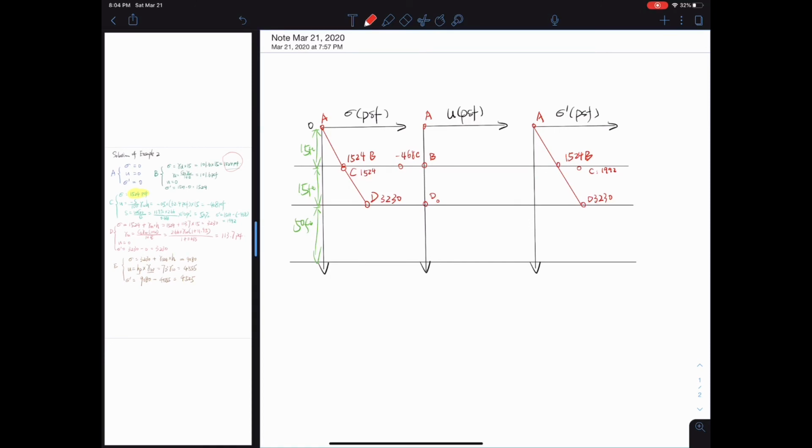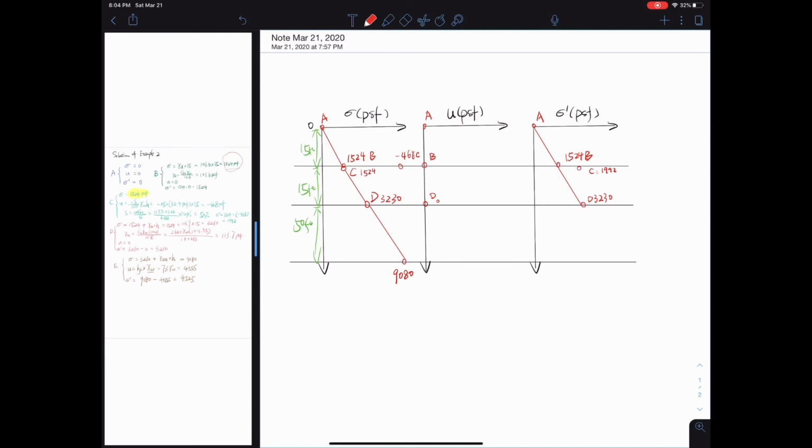And the last point, point E. The total stress for point E is 9080. We calculated this and plot it here.